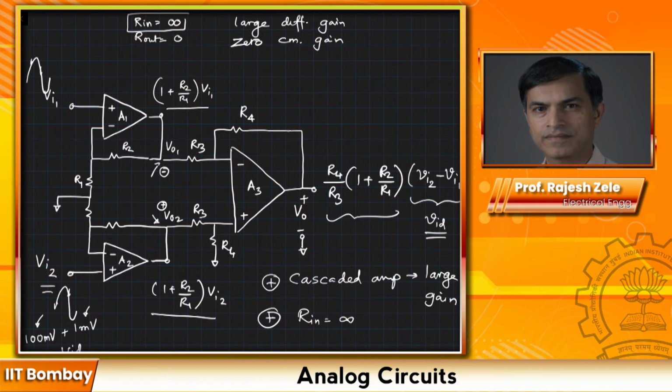However, if the gain in the first stage is high, let's say 100, and the amplifiers A1 and A2 are operating from a smaller supply voltage, then VO1 and VO2 would clip purely because of the common mode signal. Now that's not a good situation to be in, and that is happening purely because of this connection over here, the non-inverting configuration.